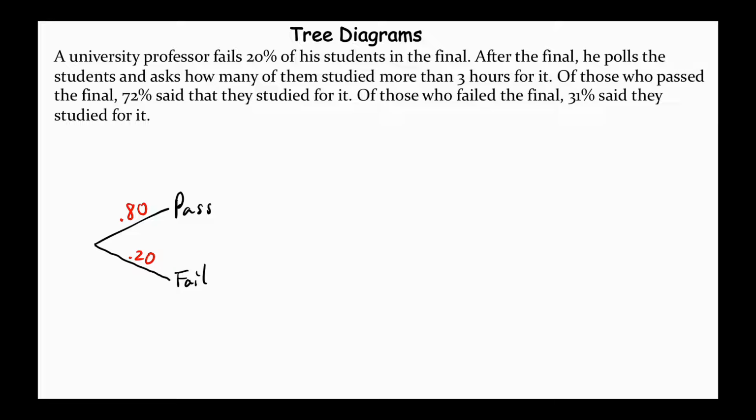Okay, so now we're going to start with the ones who passed. The ones who passed, there was two options. What were the two options for the students who passed? Studied, not studied.